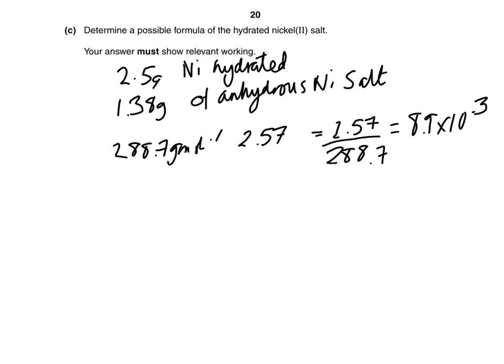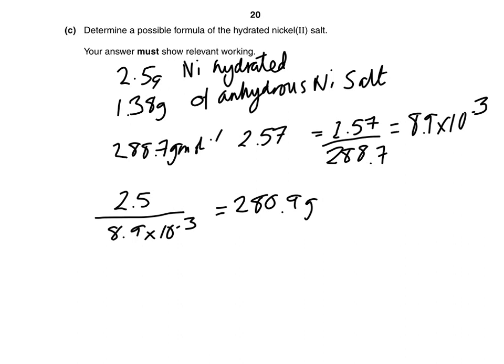Our original sample, we had 2.5 grams of it. We now know the number of moles, which gives us a molar mass of 280.9 grams per mole for our hydrated salt.